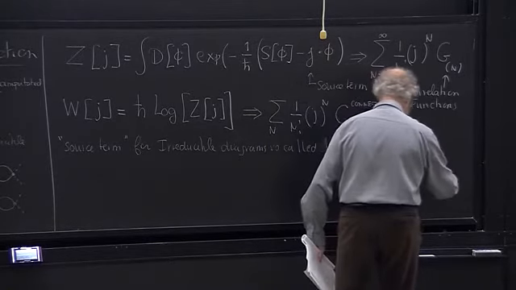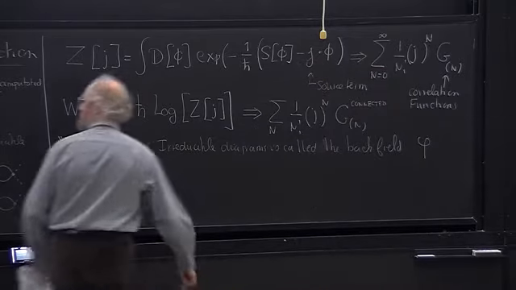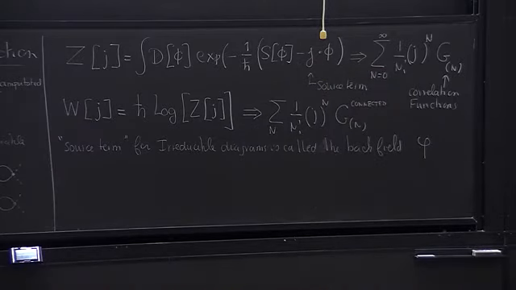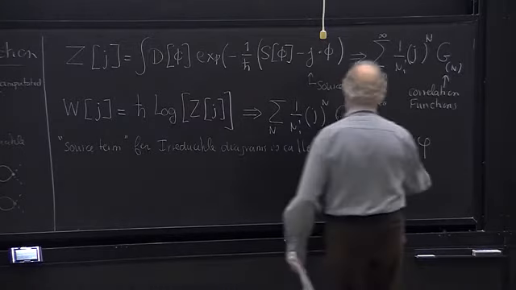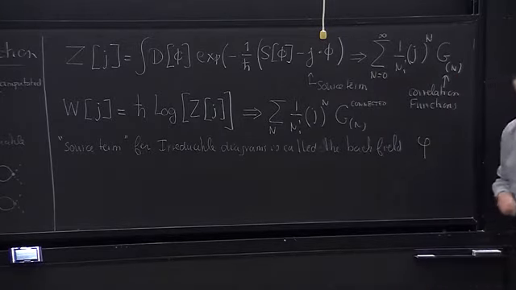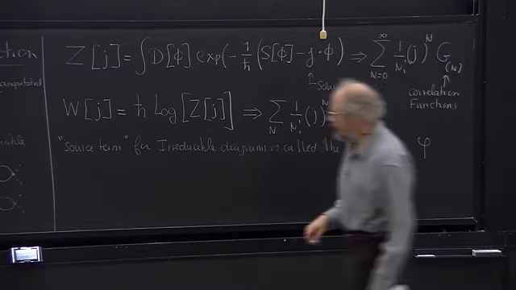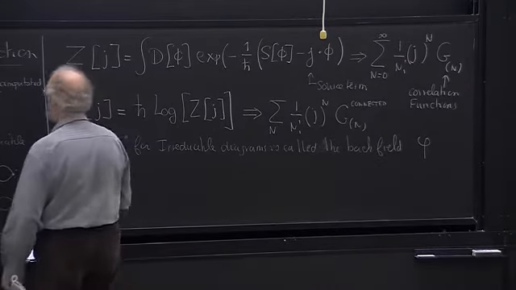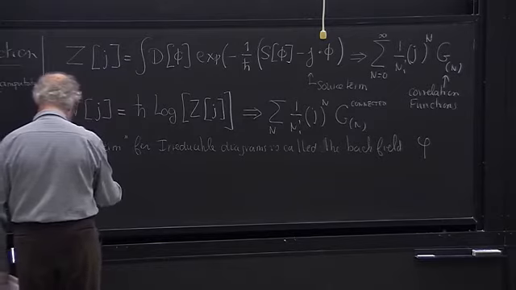And I'm going to denote it phi, this kind of phi. Okay? And that's because, in fact, it's not the same object. Mathematically, it's not the same object as the source term. And I'm going to define this quantum effective action. So let's call it quantum effective action.